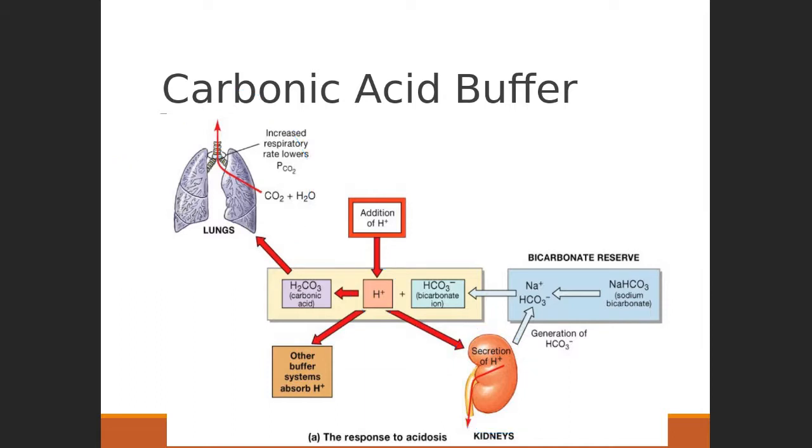If we see an increase in hydrogen ions added to the blood, we will then see a mechanism where our sodium hydrogen pump pumps hydrogen out of the blood and puts it into the urine, while at the same time we see an increased respiration rate, expelling additional CO2, decreasing the amount of carbonic acid, therefore decreasing the amount of hydrogen ions.